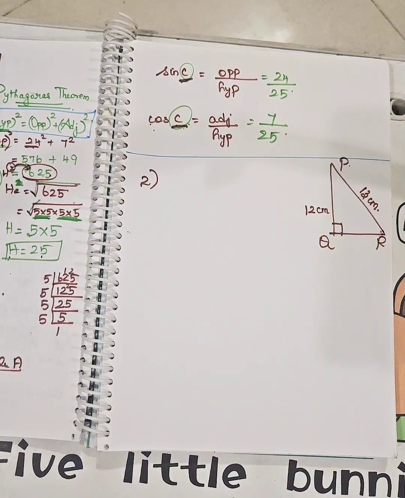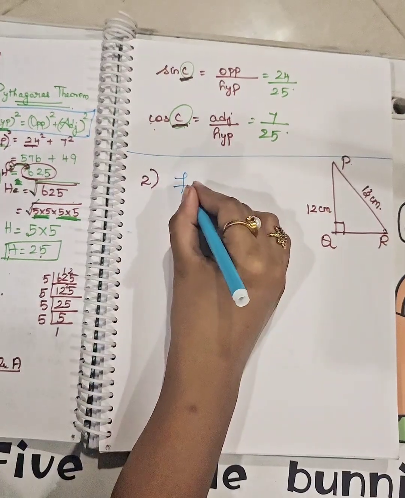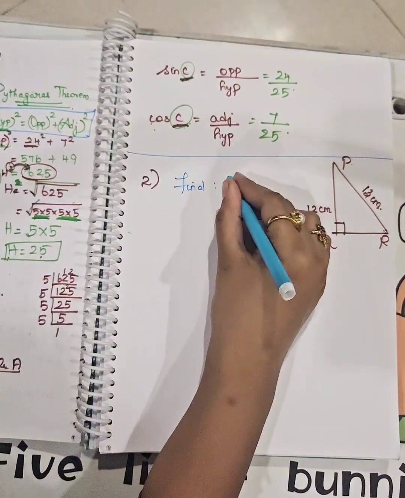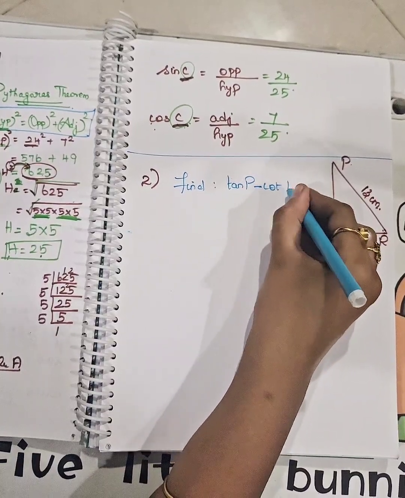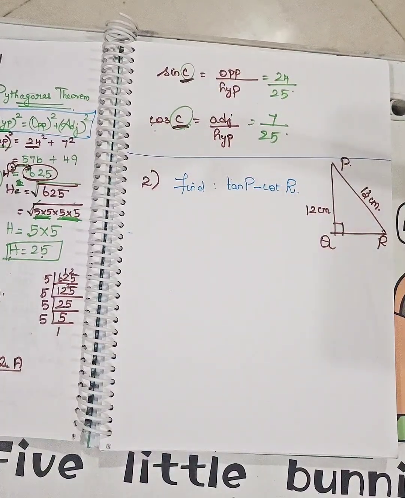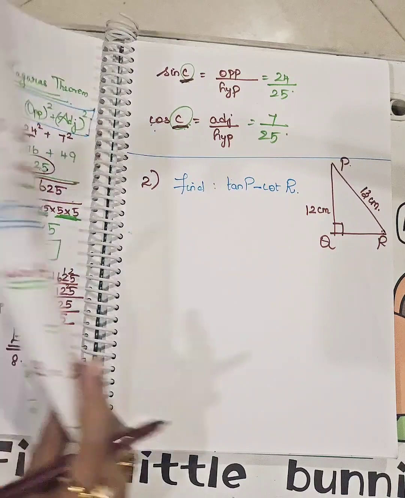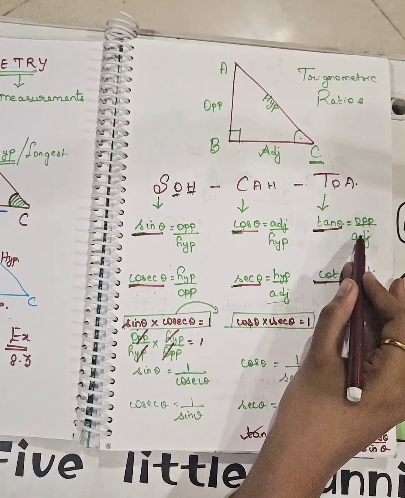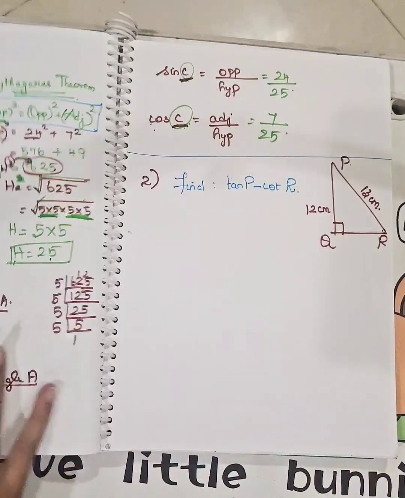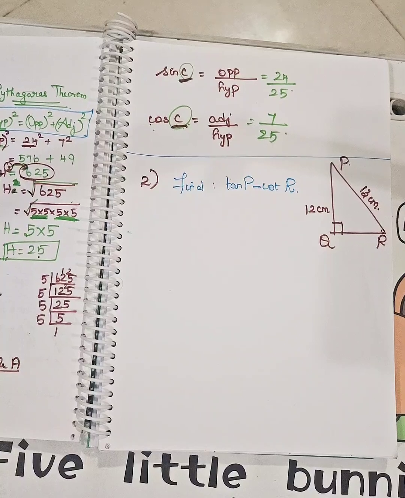The question they have asked is to find tan P minus cot R. Very, very simple, dear students. From the formulas which we have derived, we can check the formula for tan and cot. But before that, we have to find one side.